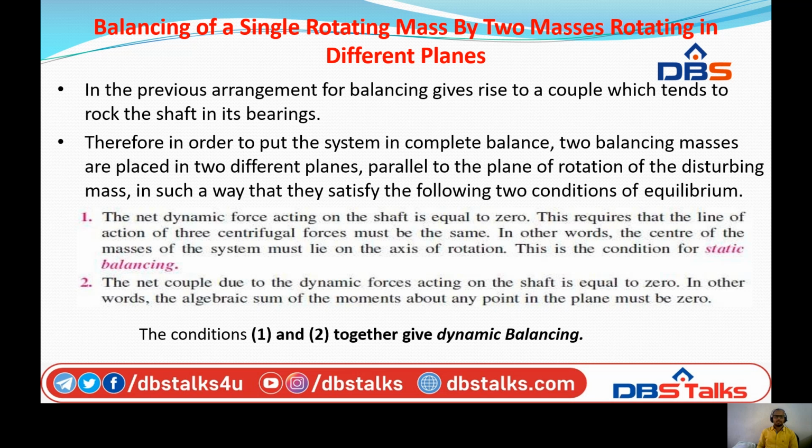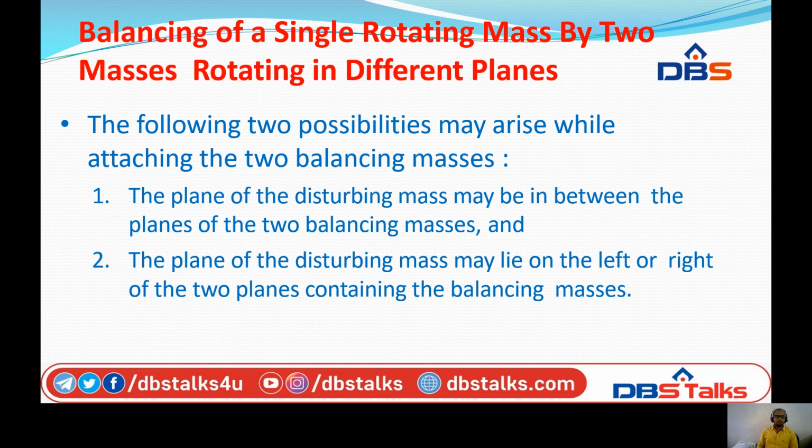The net couple due to dynamic forces acting on the shaft is equal to 0. In other words, the algebraic sum of the moments about any point in the plane must be 0. If these two conditions are met together, they give the dynamic balancing. For that, two possibilities may arise while attaching the two balancing masses.